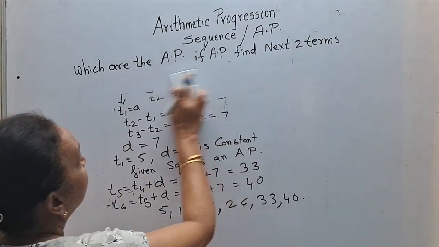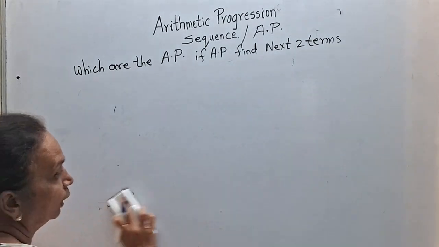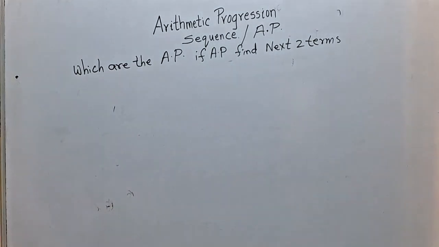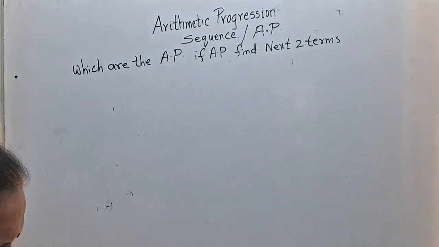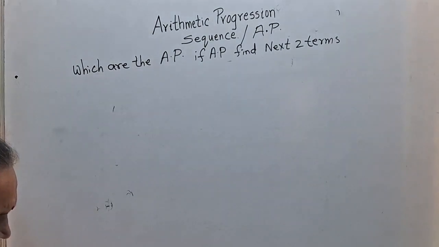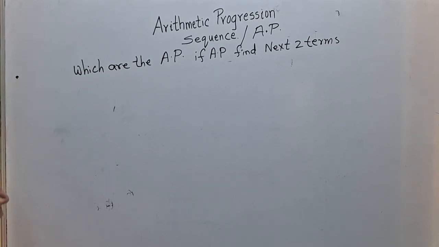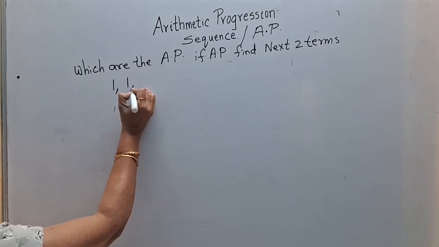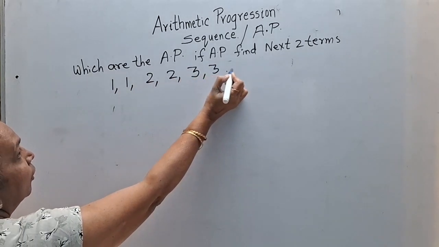Again the same thing. They have asked you whether the sequence is an arithmetic progression. So first you are going to write the first term, and then you are going to find out the common difference. If the common difference is constant, then it is an arithmetic progression. Okay. So the second question is 1, 1, 2, 2, 3, 3, dot, dot, dot.